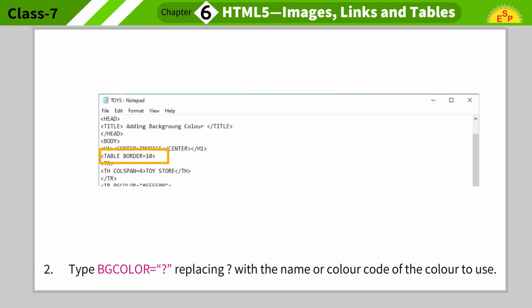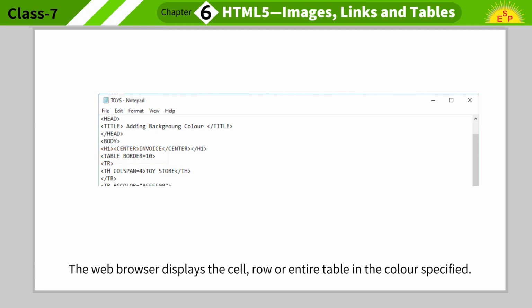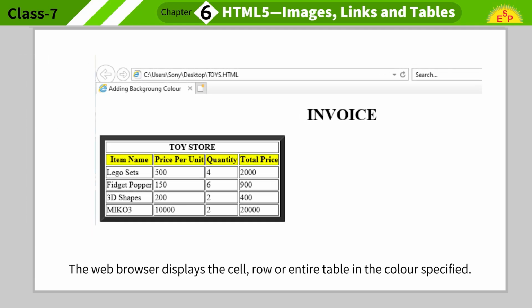Step 2. Type bgcolor equals, replacing with the name or color code of the color to use. For example, to apply yellow color to a row, in the TR tag, type bgcolor equals #FFFF00. The web browser displays the cell, row or entire table in the color specified.